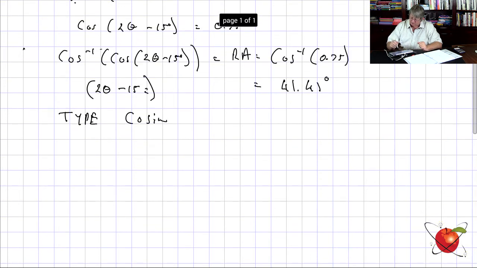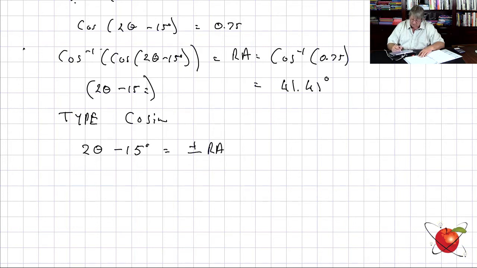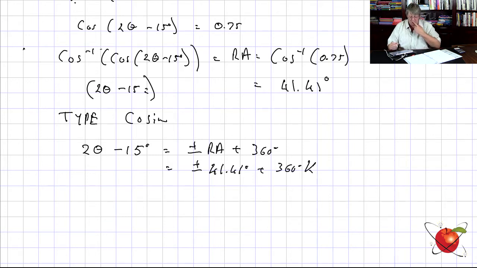Therefore, the general solution of cosine is 2θ − 15° equal to ± RA + 360K, which is ± 41.41° + 360K.